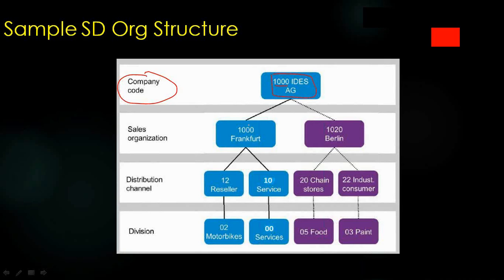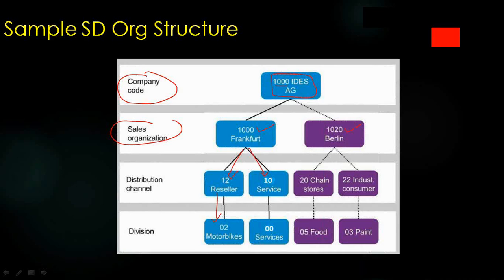Under company code you can have different sales organizations. So you got here Frankfurt as a sales organization, and another one, Berlin. Under each sales organization you have a distribution channel. Under this Frankfurt sales organization you got number 12 as a reseller distribution channel, and under this one we have service as a distribution channel, and under each distribution channel you have a division.